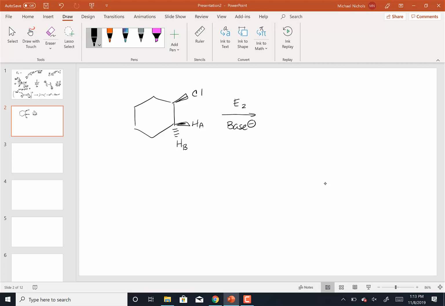So again, this is the alpha carbon, this is the beta carbon, and only one HA or HB will be removed. It's either HA or it's HB.